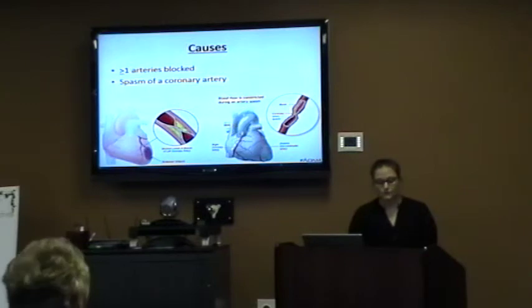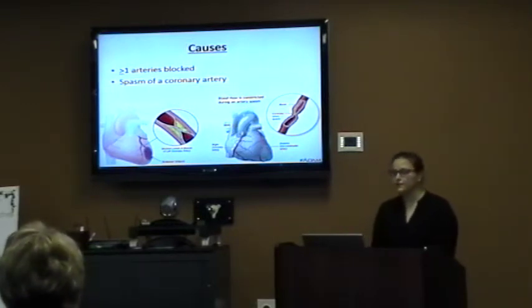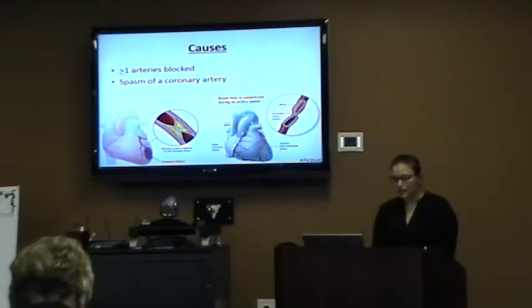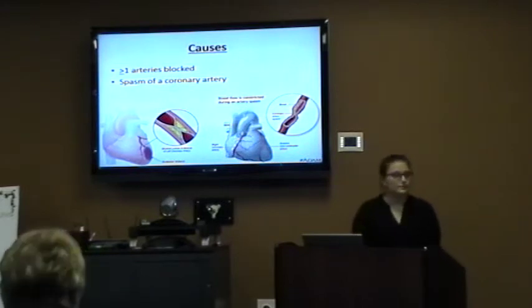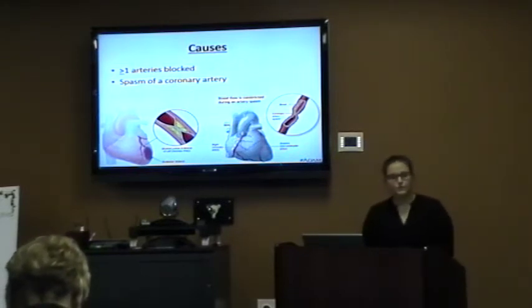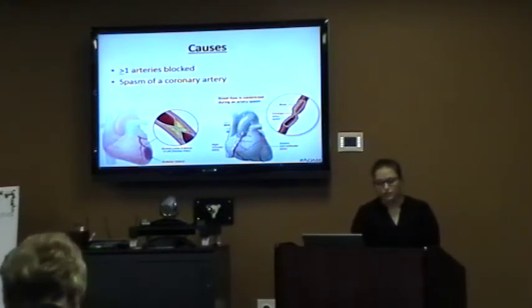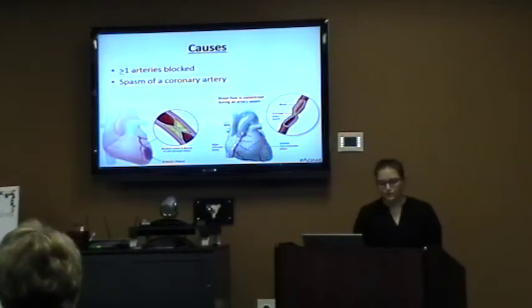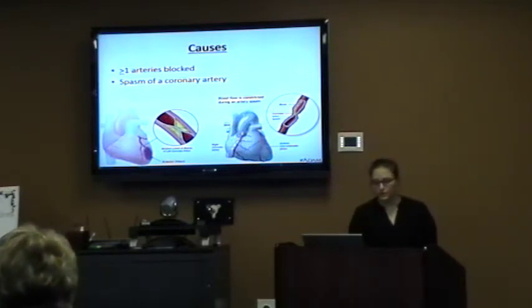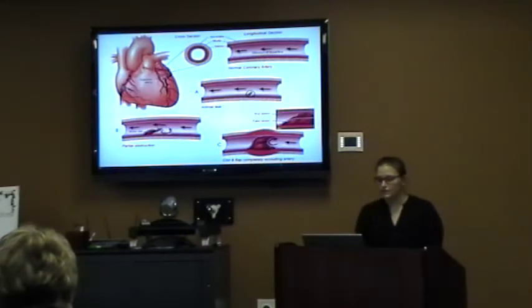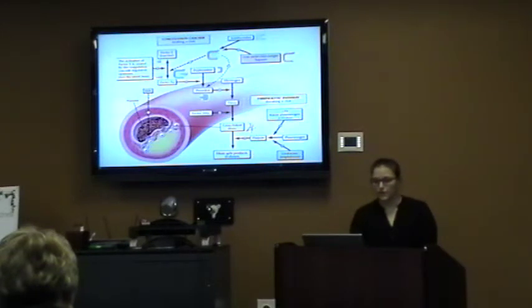Coronary artery spasms are more common in people with the risk factors of heart disease, and may be triggered by tobacco use, exposure to cold, extreme emotional stress, and or the use of illegal stimulant drugs such as cocaine. This is an illustration showing the partial and complete occlusion, and this is an illustration showing the formation of plaque.